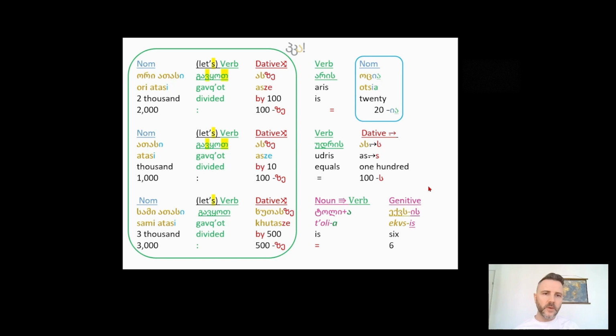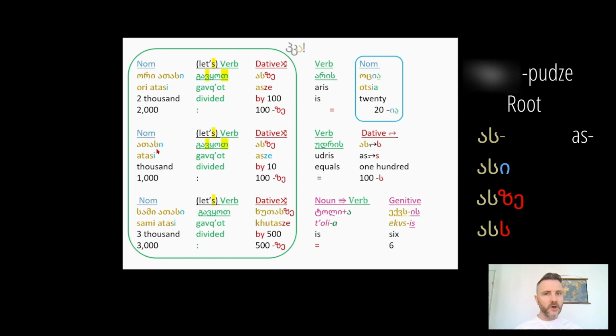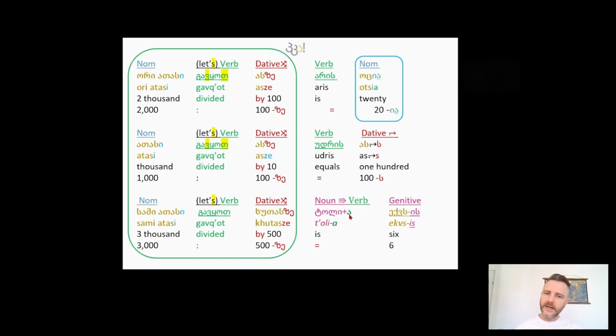What I like about that equation is it's showing us that the asi being in the nominative, the pudze, the root is as. So asi is nominative, asze dative, as also dative ending, showing us that both of these are dative endings. So, atasi gavqot ase udris as. The third one uses tolia, and I wanted to use a multiple of 100 just to show us even more technical ability.